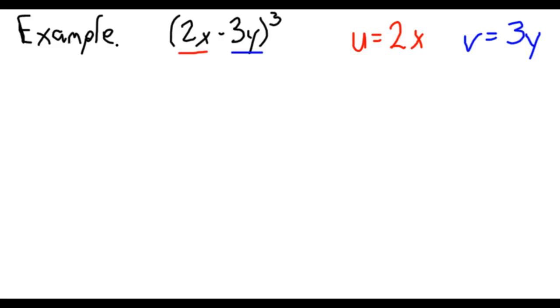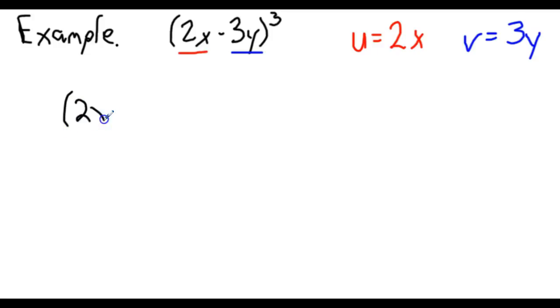Alright, now we're going to look at an example of a cube of a difference. So that means we're subtracting our 2 inside terms, and they're raised to the 3rd power, cube of a difference. So using that formula, it's u cubed minus 3u squared times v plus 3u v squared minus v cubed. Our u value is 2x, our v value is 3y, so we basically just have to plug these into the formula.